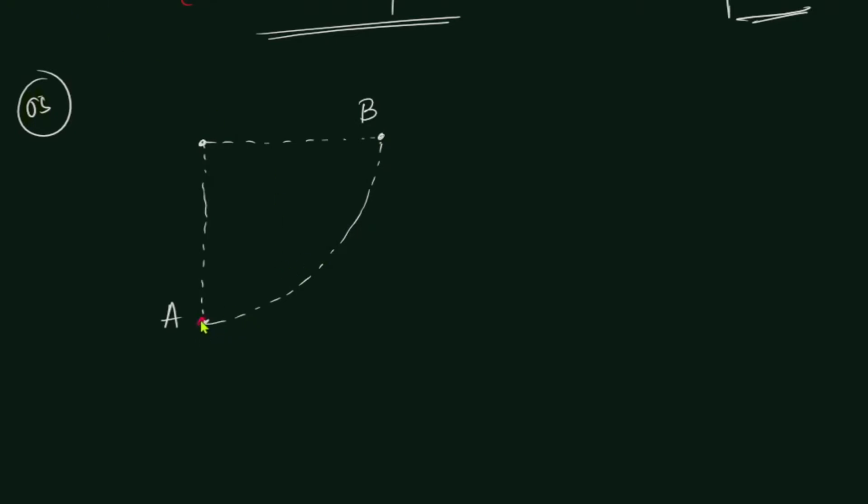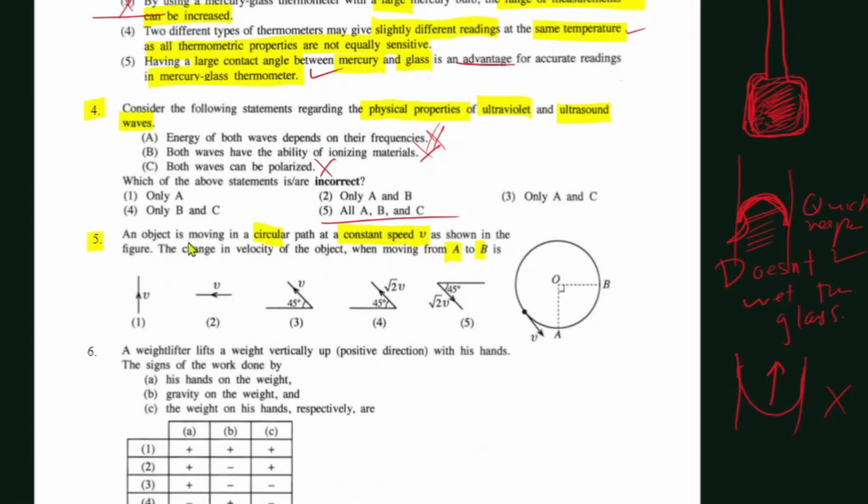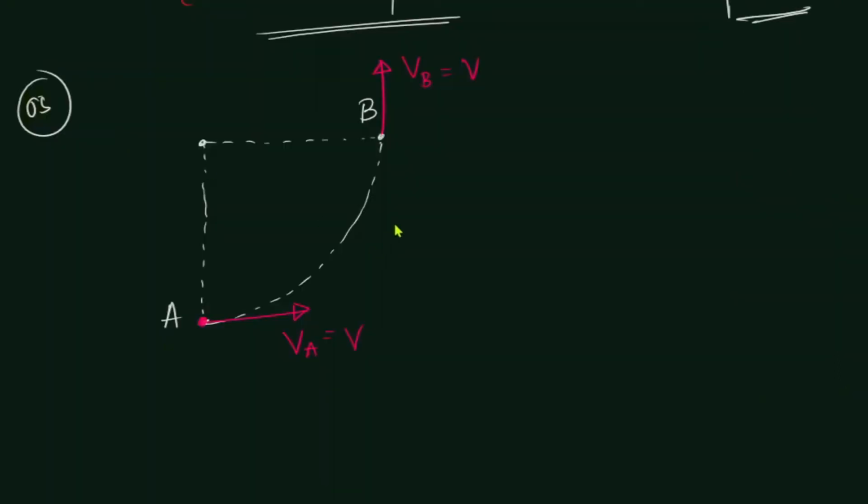When the object is at A, let's assume its velocity is VA, and VA is equal to V. It's always constant. When it is at B, let us assume the velocity is VB. What is its magnitude? It's V, right? What exactly do we need to find? We need to find the change in the velocity.